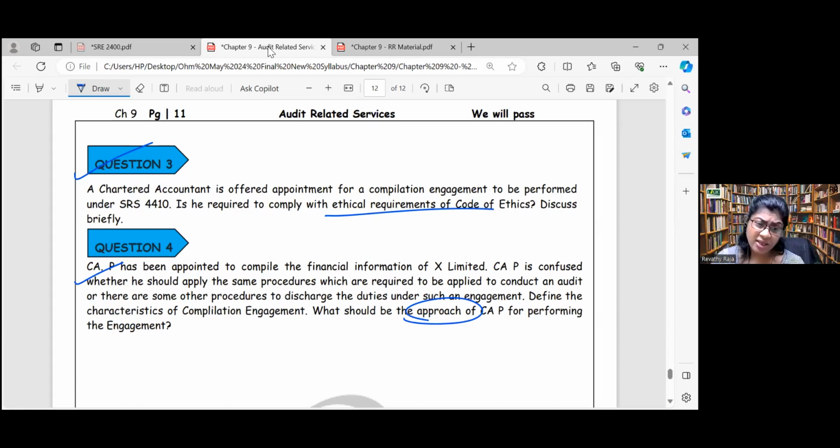In that, what will you write? They're asking you the approach. Approach means procedure. You remember that huge list of points: you will obtain from them, then you will compile, read, and so on.